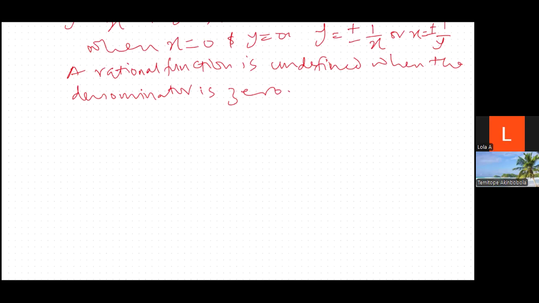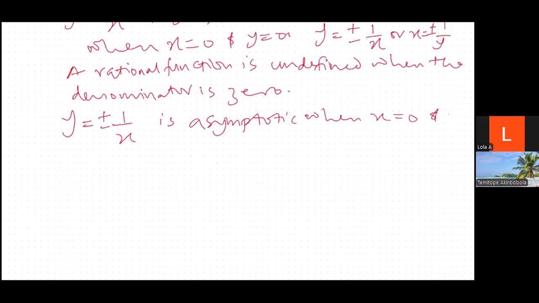So that means y equals plus or minus 1 over x is asymptotic when x is 0 and y is 0. Is that clear? It's asymptotic when x is 0 and y is 0.